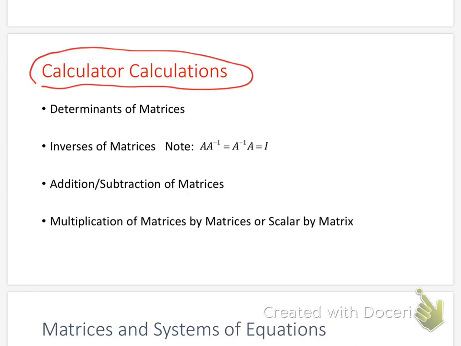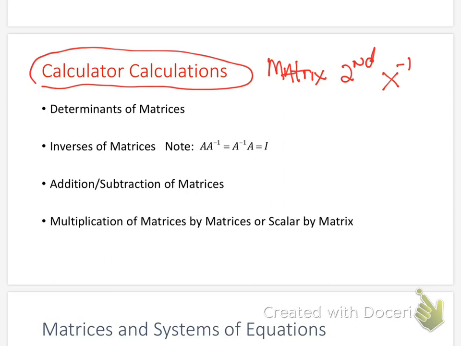If you turn your graphing calculator on and hit second, to get to a matrix you hit the second button and then the button that says x to the negative 1, and you see the word matrix there.